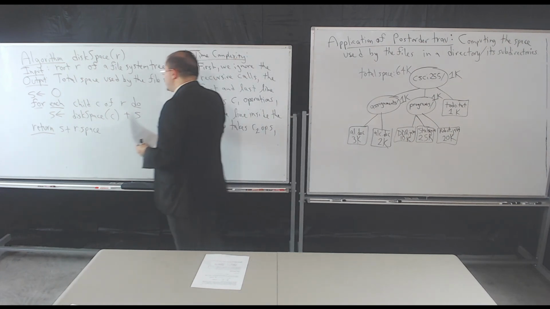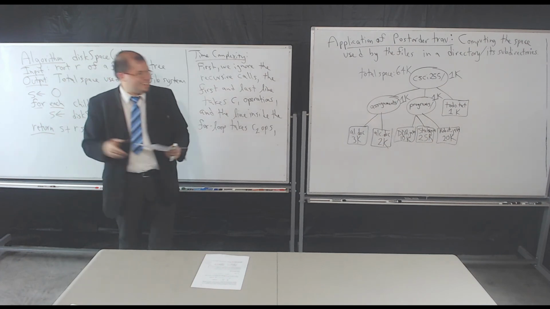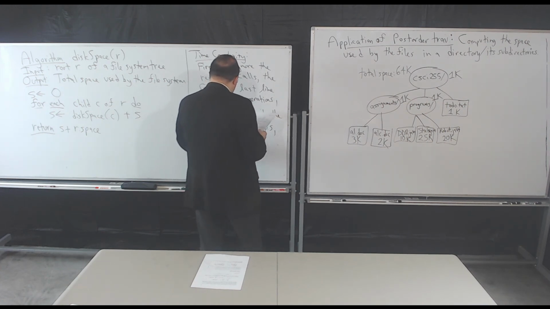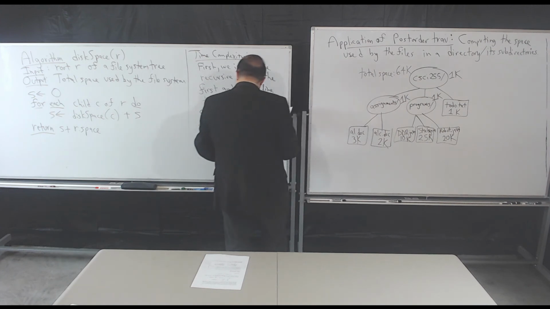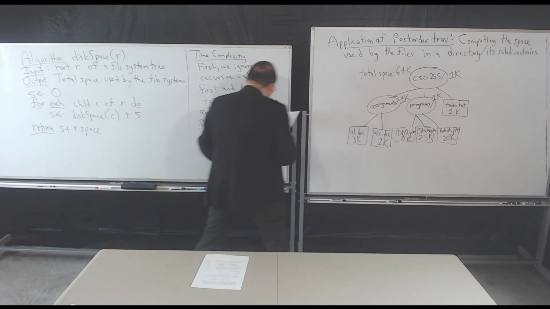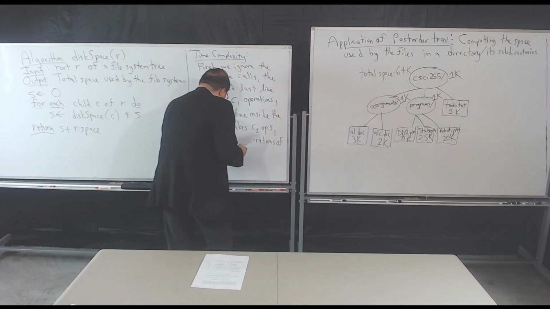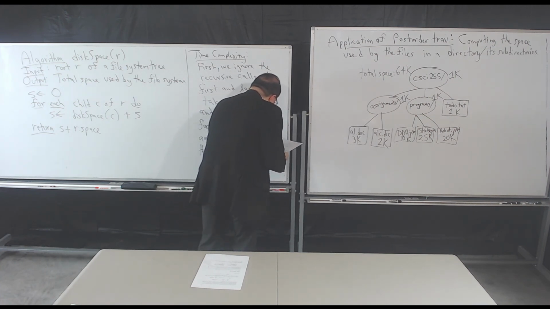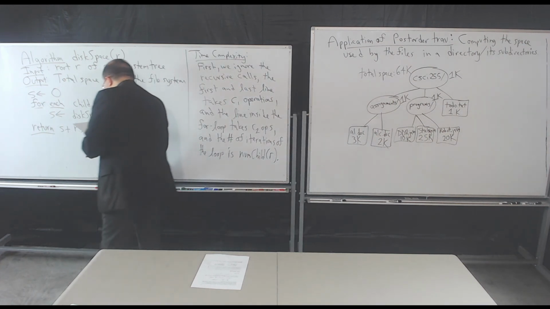And how many iterations are there of this loop? It goes through each of the children, right? And the number of iterations of the loop is what? It's numchild, right? Numchild of R. So what's the total number of operations?